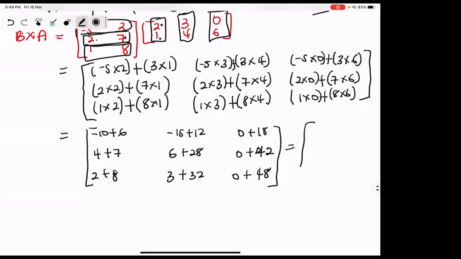So this will give us minus 4, minus 3, 18, 11, 34, 42, 10, 35, 48, which is a 3 by 3 matrix, just like we're able to determine or deduce from that simple approach of determining whether the product of two matrices is possible or not possible.